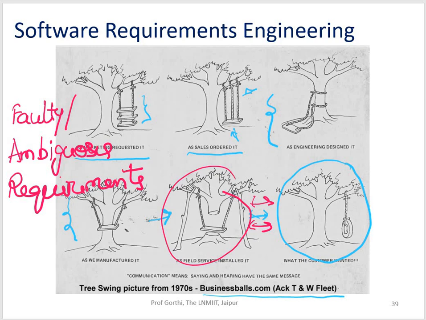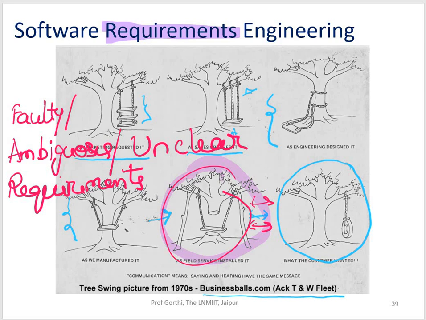Just because of the failure of communicating it properly and correctly, we came up with a disaster which was never asked for. The whole fault lies in the requirements being ambiguous. The requirements were unclear as well, and the requirements were faulty as well.